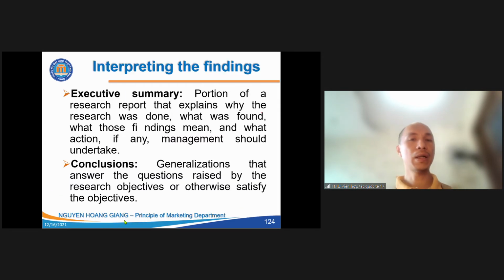About the report, we must think about interpreting the findings. So normally for the findings, we have to think how to get the information and show it to the audience. Otherwise, they don't trust us. And when we give any conclusions, we must show how we got those conclusions.